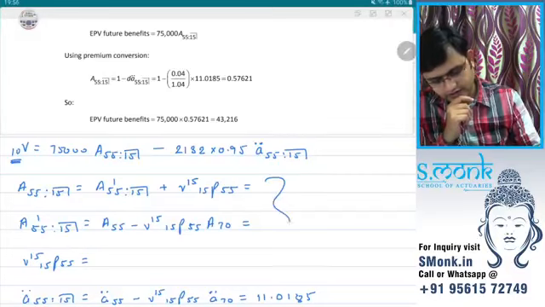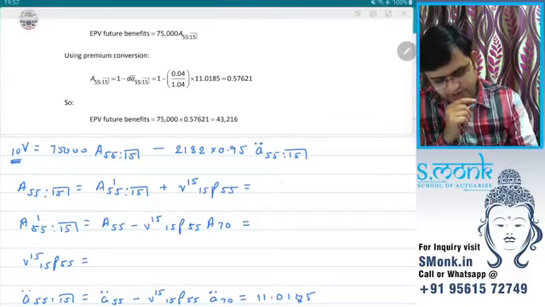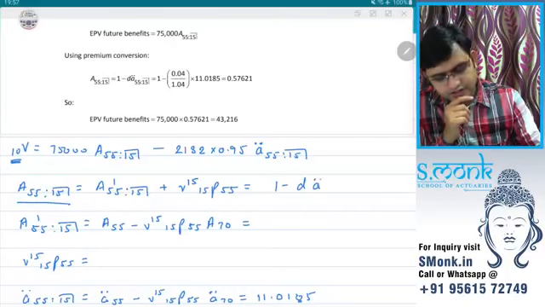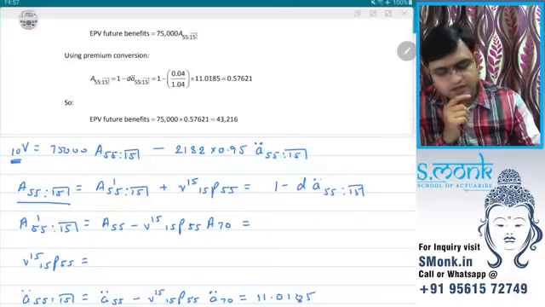Now instead of calculating all of this, what they have done is they said our endowment value will just be 1 minus d times ä 55:15. We have studied this also in chapter 18. So accordingly, this value becomes 0.57621.